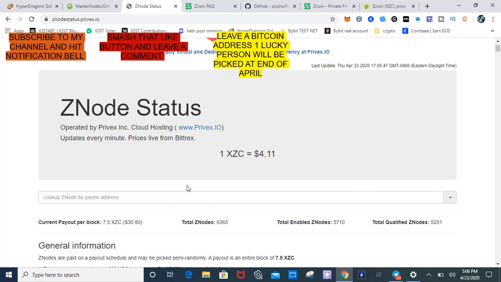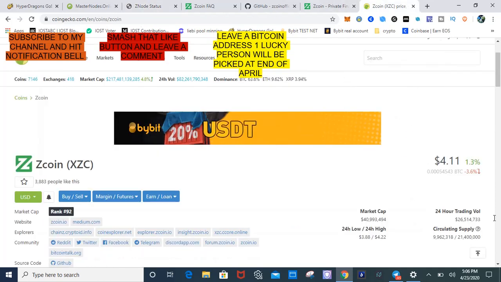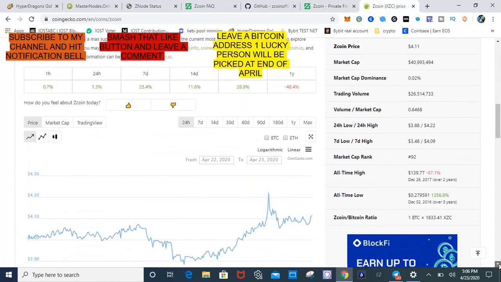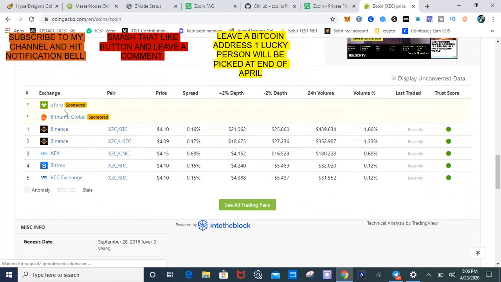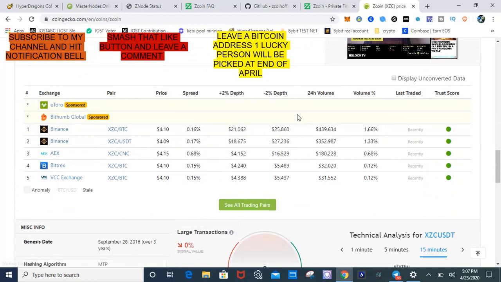Zcoin has a nice liquidity, as you can see, has 26 million in trade volume, and some of that volume is coming from Binance, which is almost $1 million in volume based on the current time and day, and it's on Binance, which is a pretty good exchange.